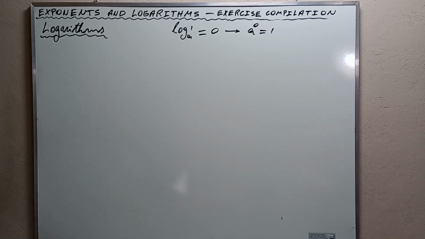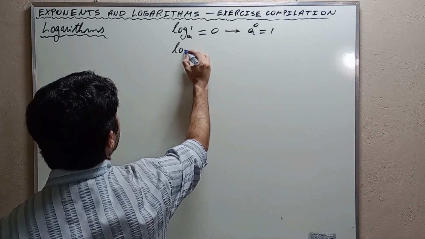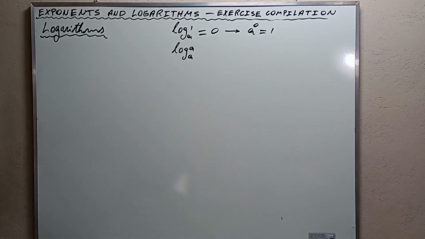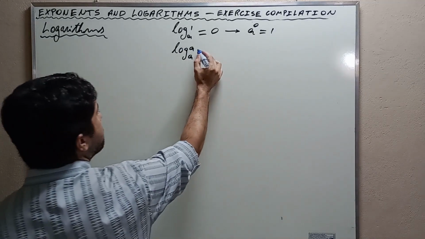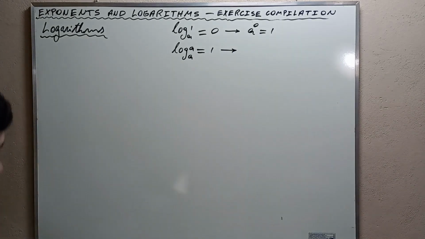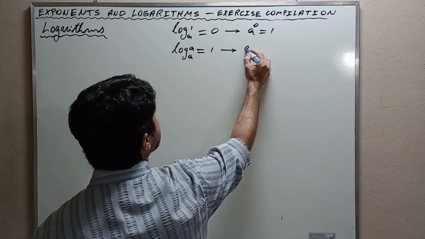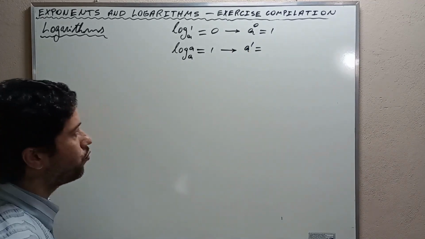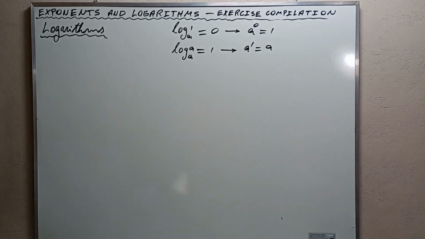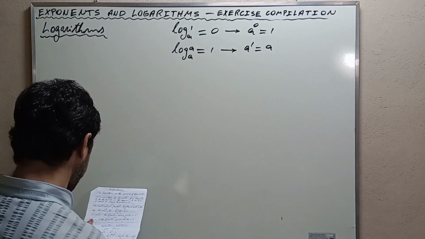That's why the logarithm of 1 in any base is equal to 0. And how about the logarithm of a number in its own base? It is equal to 1. For a raised to the power of 1 is simply a. Any number raised to the power of 1 is itself. The third identity is this.